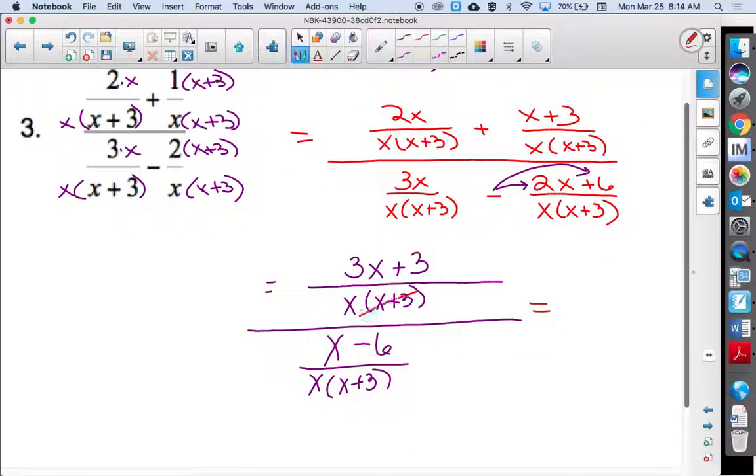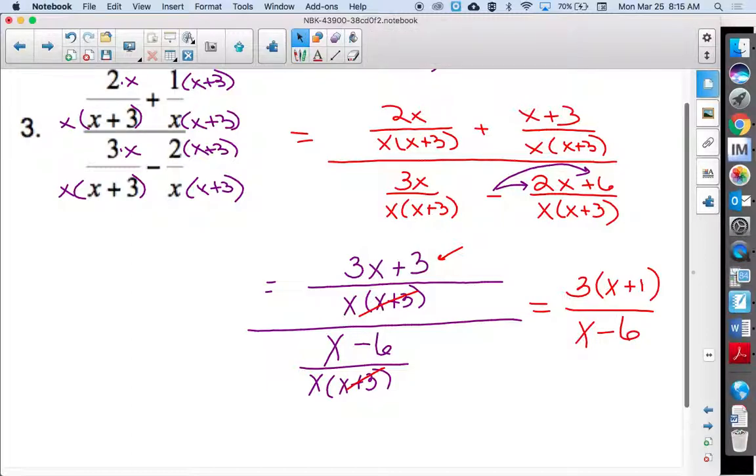So my denominator cancels. The numerator here has a 3 in common, so I would pull out that 3, make it simplified, and then the denominator has the x minus 6. Questions?